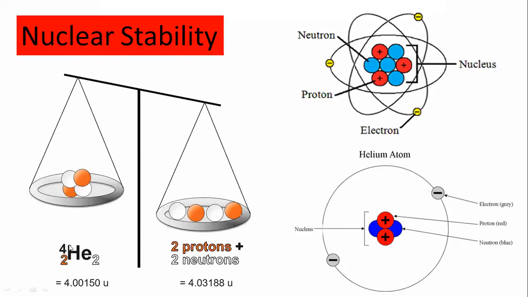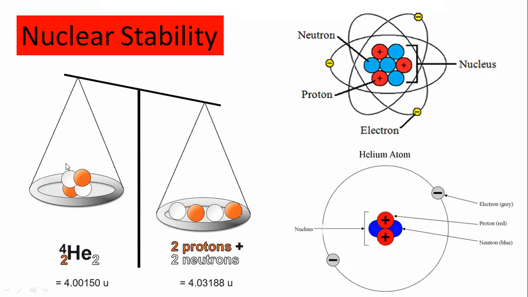So let's have a look at another picture. This is the same helium, with the nucleus and the extra nuclear part. Again, we are only concerned with the number of protons and neutrons, and we call them the nucleons.